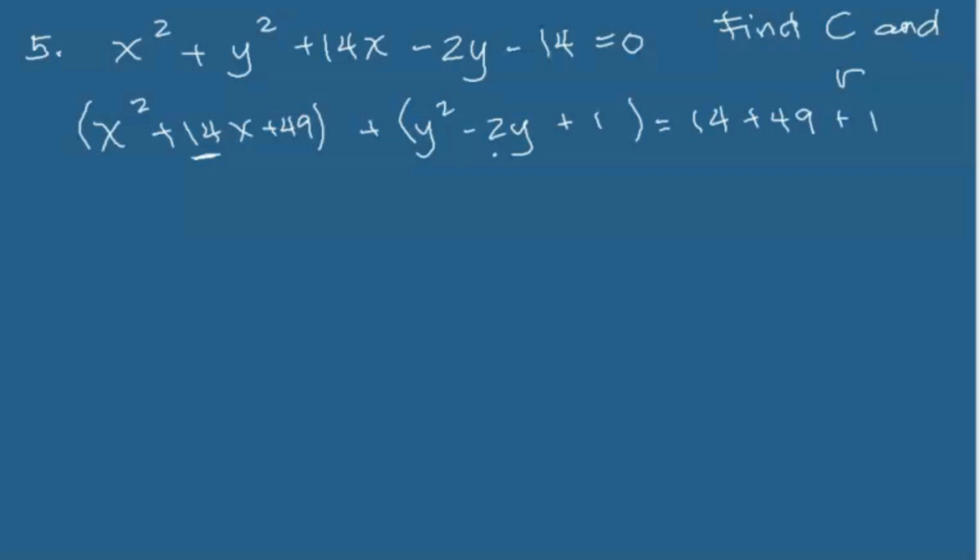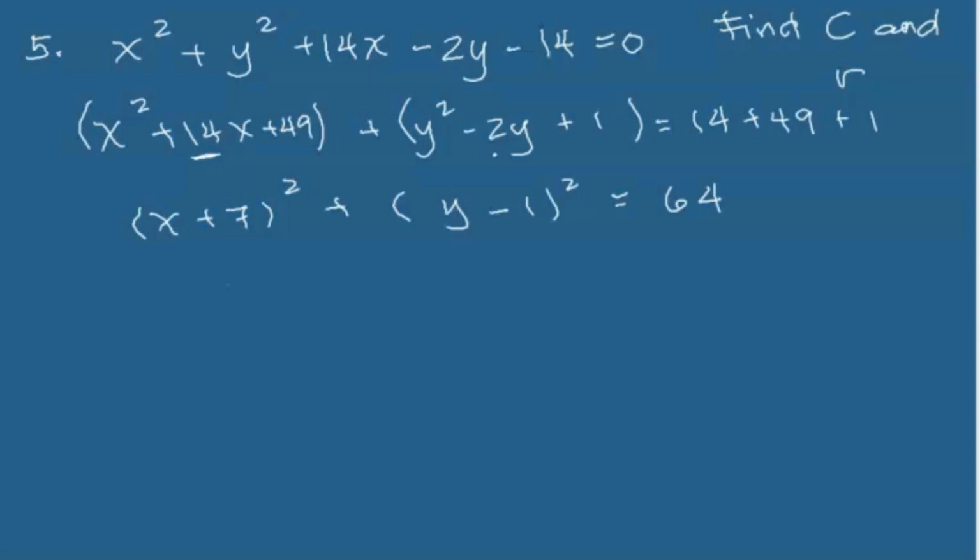Let's factor this. This would be (x plus 7) squared plus (y minus 1) squared, and 14 plus 49 plus 1 is equal to 64.